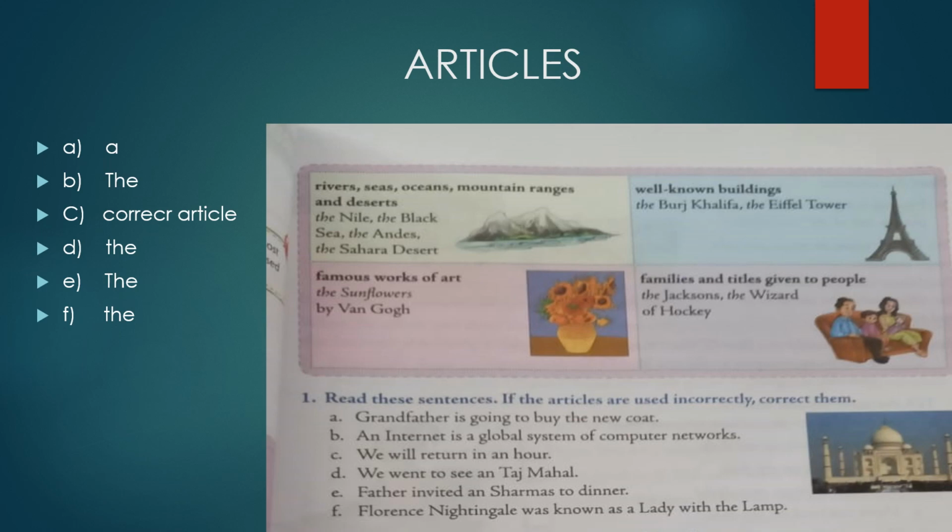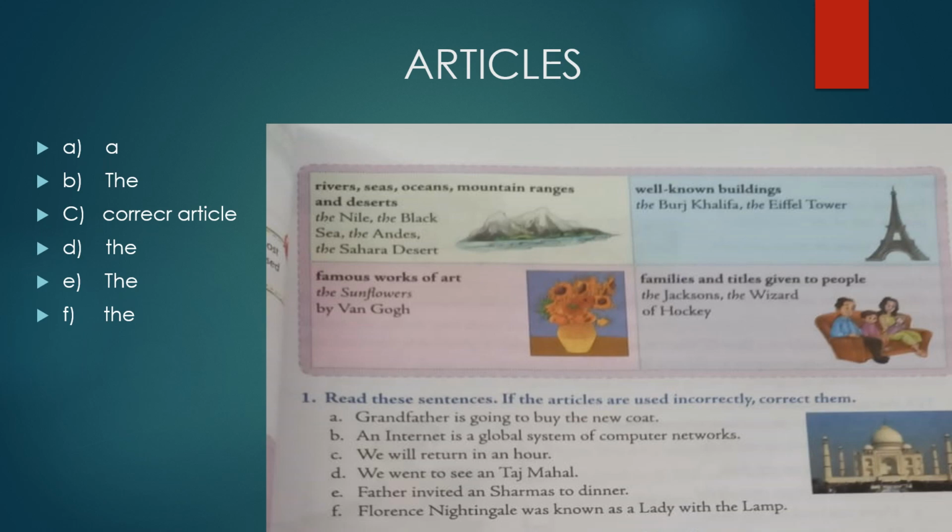Now see children, the article the is given here, but new coat is a singular noun. So with a singular noun, we will use the indefinite article a. Grandfather is going to buy a new coat. B is, an internet is a global system of computer networks.